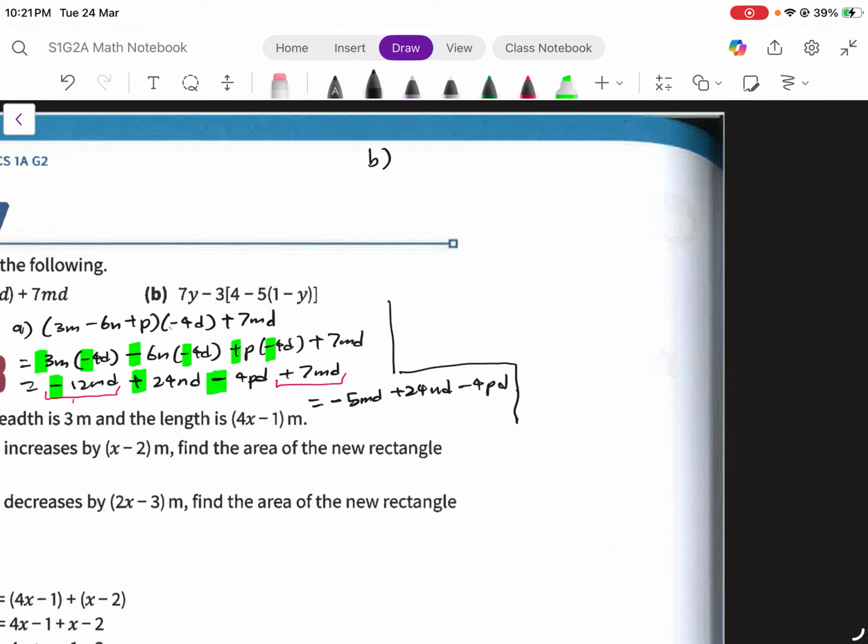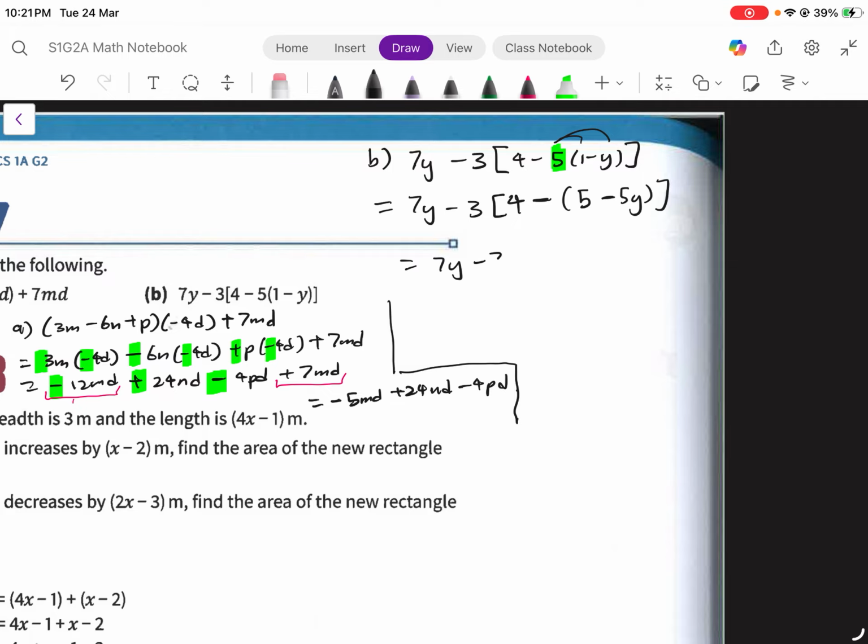Okay, so part B. 7y minus 3 bracket 4 minus 5 bracket 1 minus y bracket. Okay, so multiply the number in first. Minus 5 times 1 is 5, 5 times y is 5y. Okay, so 7y minus 3.